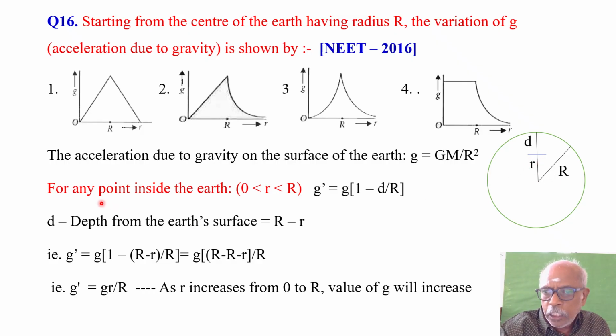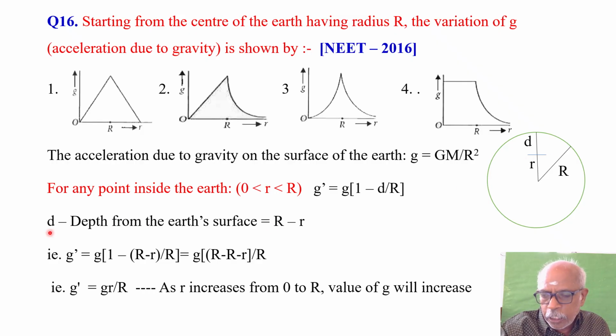So for any point inside the Earth, r lies between 0 and capital R. For that, you have the formula g dash is equal to g into 1 minus d by R. What is d? d is the depth from the Earth's surface. Small d is equal to capital R minus r. The whole distance is capital R, and if you subtract small r, you get the depth.